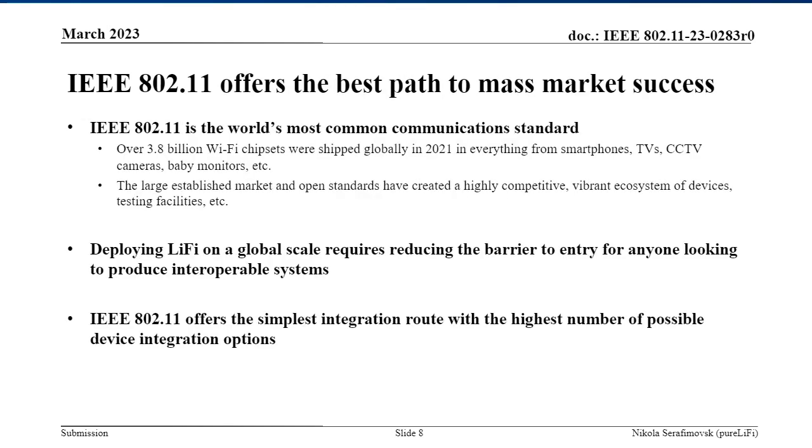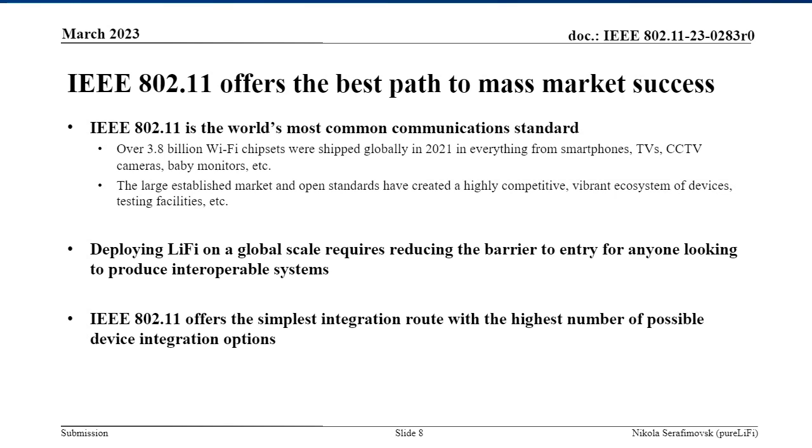So why 802.11? Well, basically it is the best path to mass market success for light communications and for Li-Fi. It is definitely the world's most commonly used standard. I have 3.8 billion. I believe Dorothy mentioned there were 4.4 billion devices shipped last year, everything from TVs to baby monitors and more. So there's a really well-established, really creative, really competitive and vibrant ecosystem.